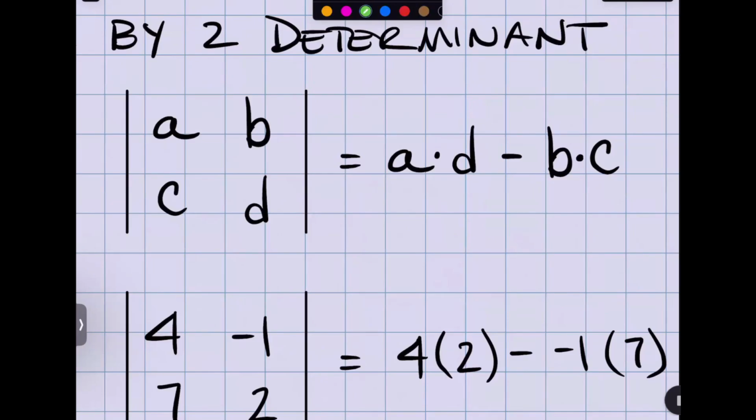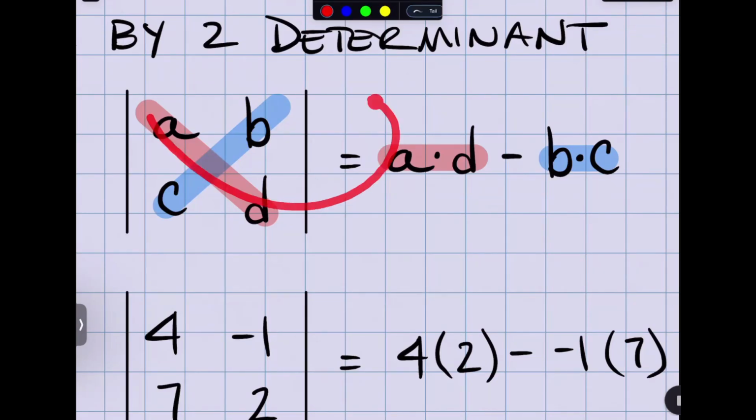So again, it's going to be A times D minus B times C. If you were to draw this right here, that's exactly what it would be.